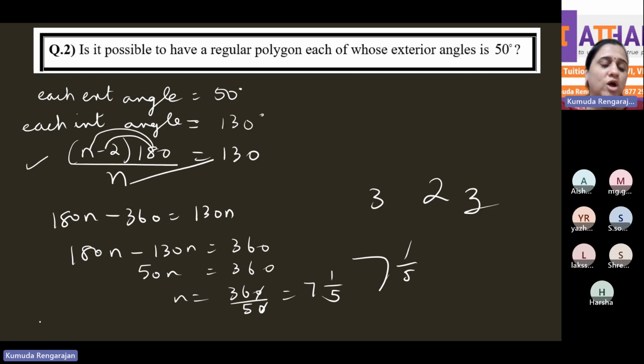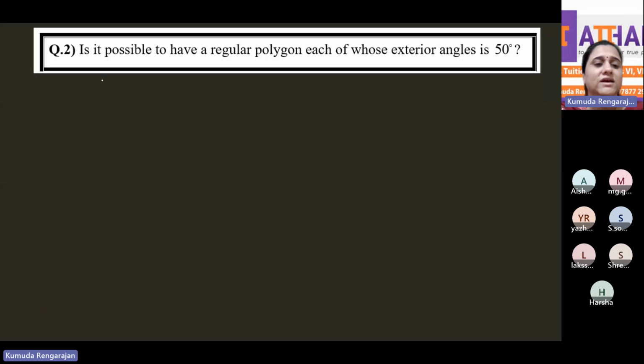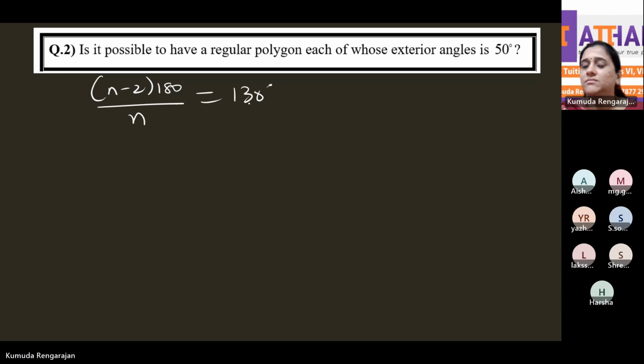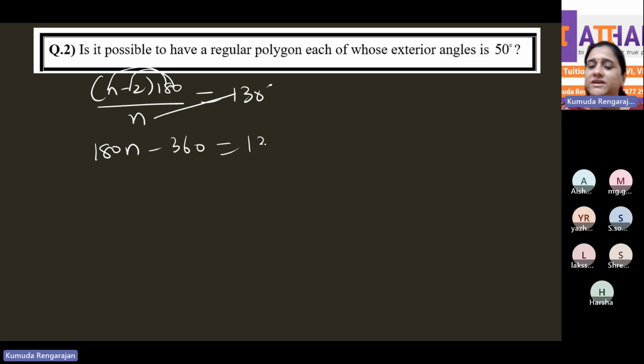So you can also do it like this, children. (N minus 2) into 180 divided by N is the formula to find the measure of each interior angle of a regular polygon, and this is equal to 130 degrees. So we multiply 180 into N, 180N, 180 into 2, minus 360, cross multiply, is equal to 130N.